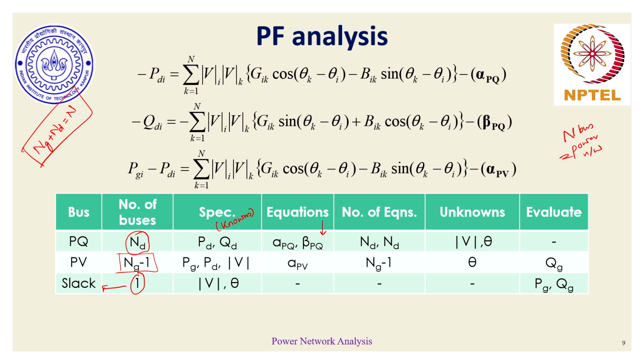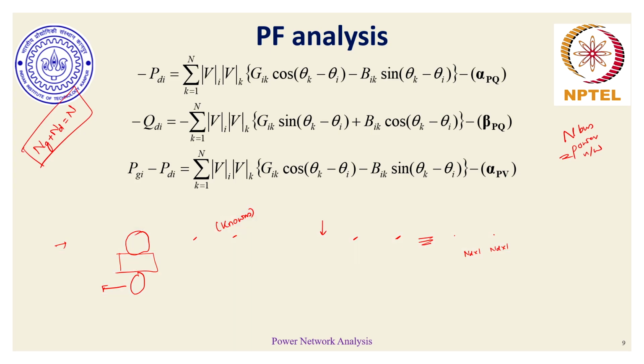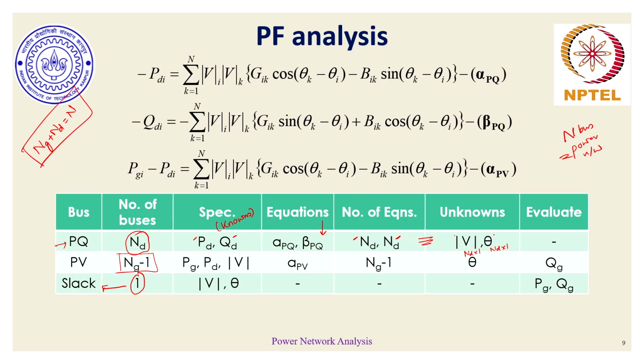The number of unknowns, if we count, for a PQ bus, there are P and Q equations. So each P and each Q result in nd P and nd Q equations. The unknowns are voltage magnitude and phase angle, which are again an nd cross 1 vector each, pertaining to every such PQ bus. So there is consistency between the number of equations and number of unknowns for every PQ bus.